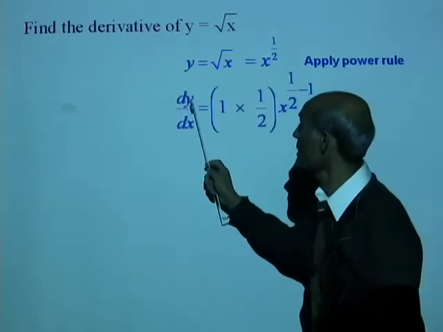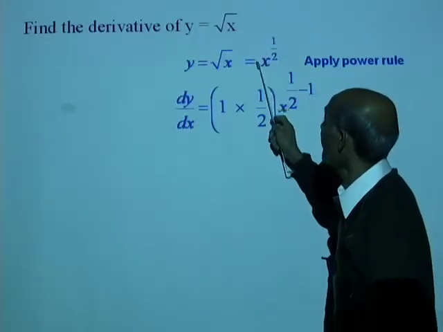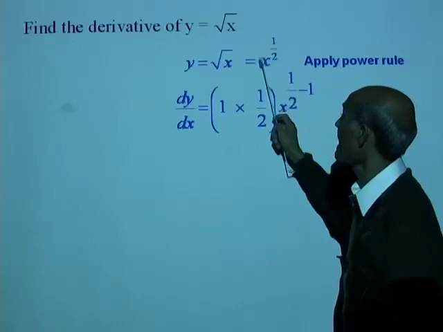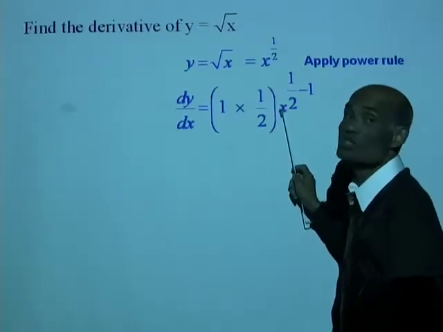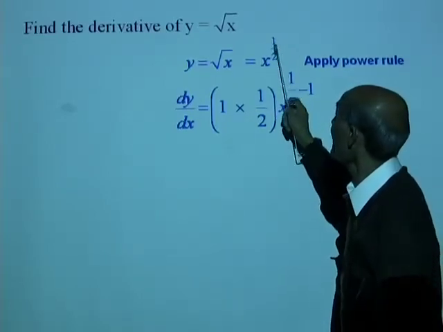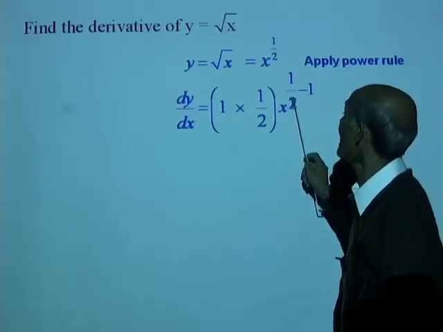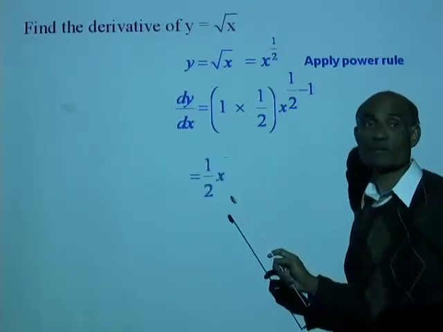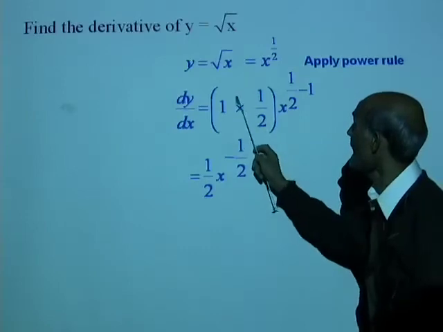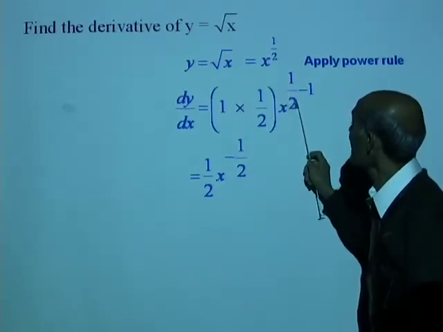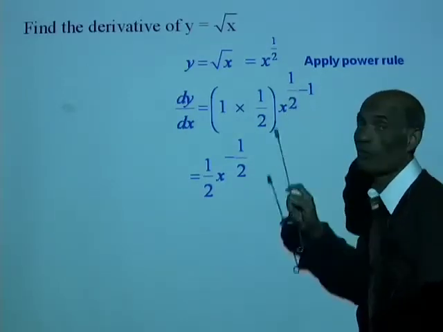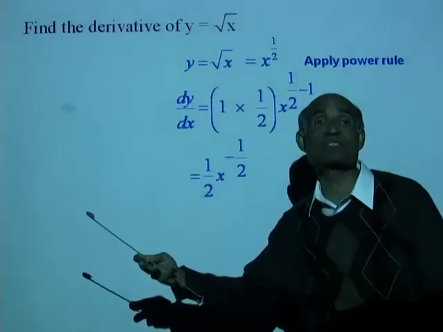So you have dy by dx equal to 1 multiplied by 1/2, a times n, times x to the power of n minus 1, 1/2 minus 1. This is your 1/2. And what is 1/2 minus 1? 1/2 minus 1 is negative 1/2.